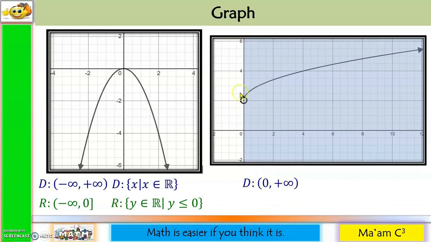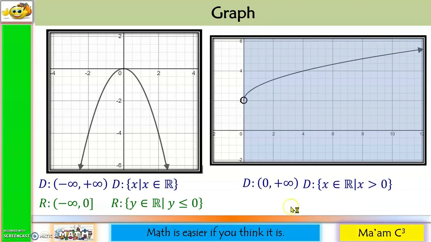Parenthesis because this is an open circle. And then since there is an arrowhead, it goes infinitely to the right. So to positive infinity. Infinity, we also make use of parenthesis. So in set builder notation, it means these are values of x that are greater than 0.